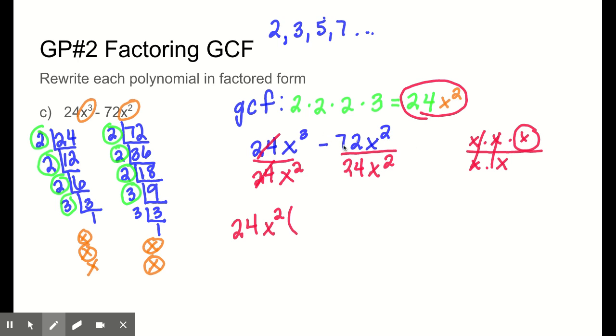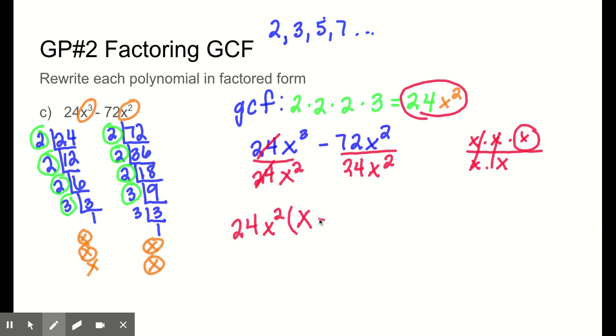Essentially you're just subtracting your exponents. If you have 2 in the denominator and 3 in the numerator, 3 minus 2 is 1, so you're going to have that 1 left in the numerator. So you have 24 divided by 24, which is 1, and then x left. So this is just going to be x. And again, if you think about it, when you redistribute, we would add the exponents. So that would give us 24x to the third.